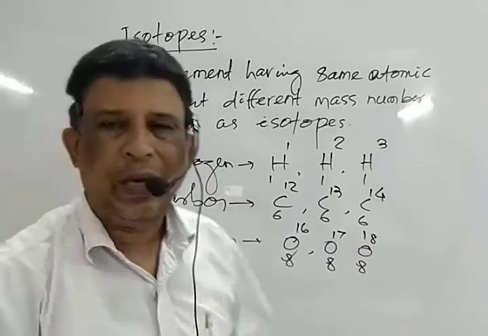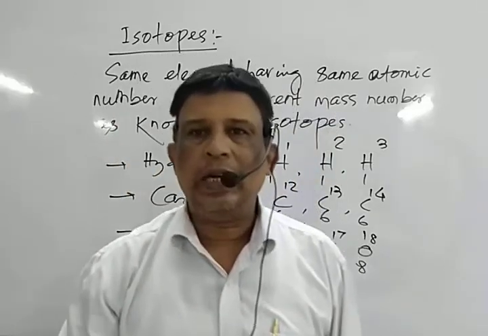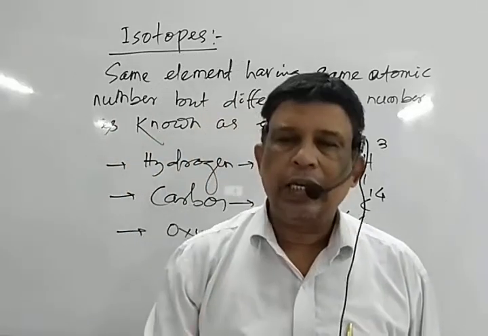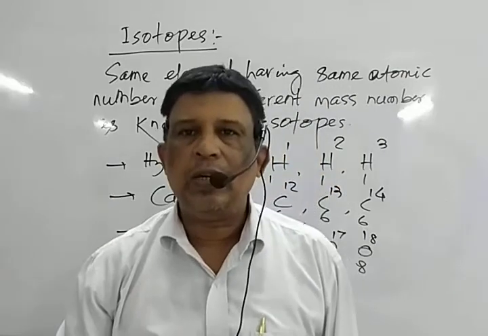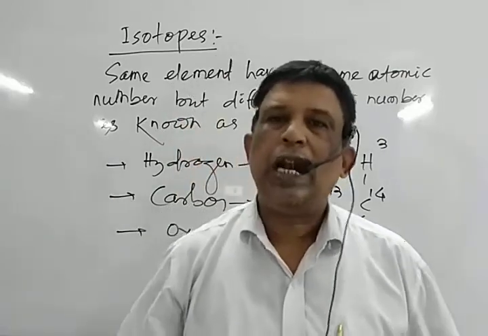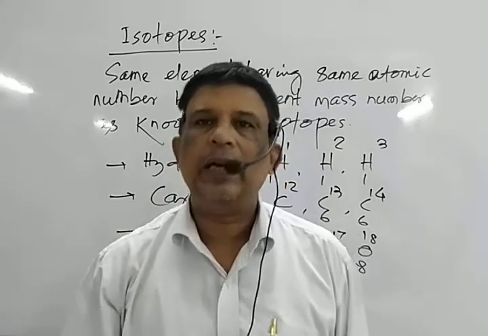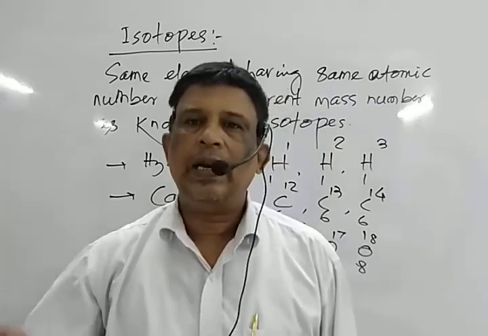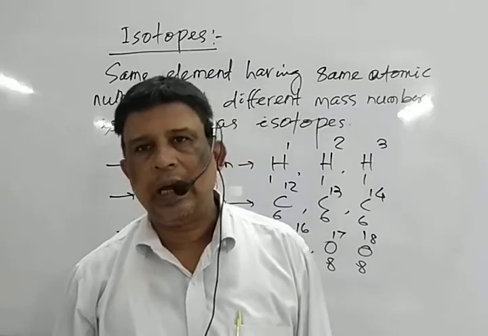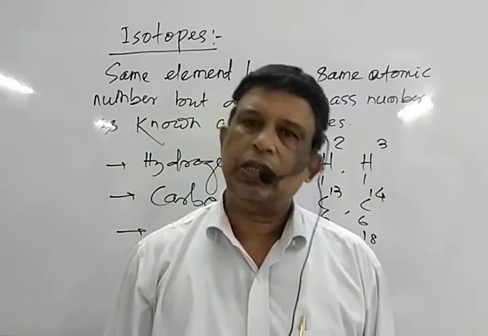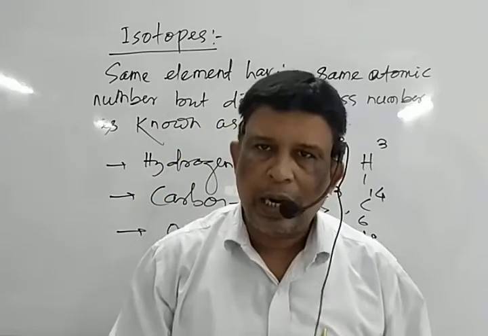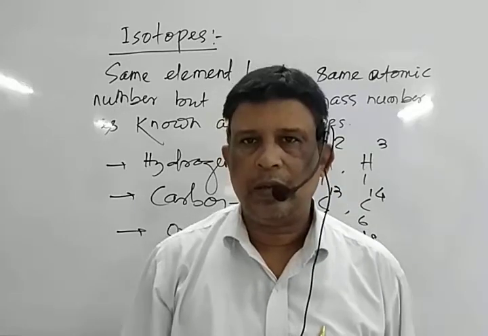Similarly, if we select uranium, U 92 235, 92 236, 92 238. If we select chlorine, chlorine 17 35, 17 37. So many examples are there. These come under isotopes. Same element, same atomic number, but different mass.